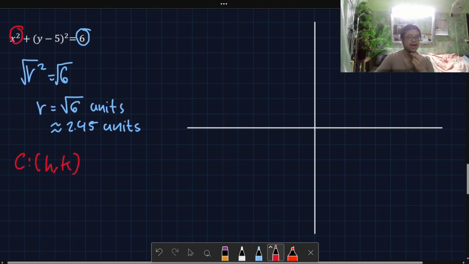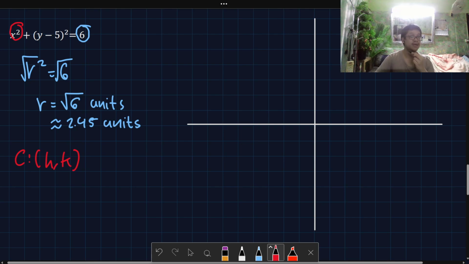No, it's just simply x squared. So what does it mean? Meaning it is 0. Remember, I explained this. If it's just x squared, there's no number beside x. It's just 0. However, for your y, it has a partner which is negative 5. So just change the sign. It will become positive 5. Okay? So that's it.